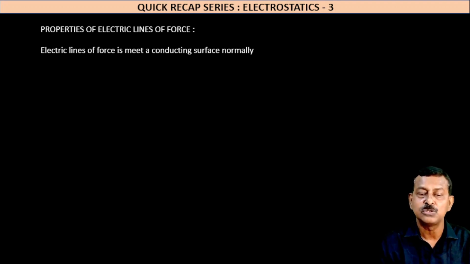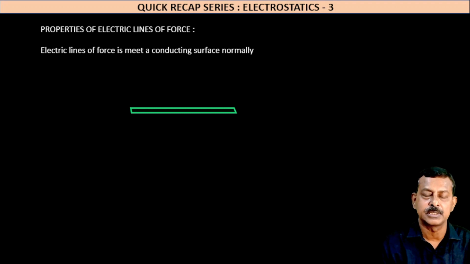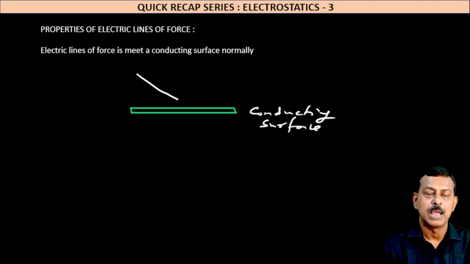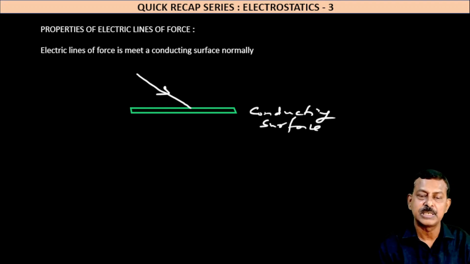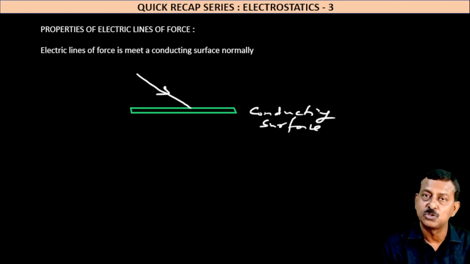Electric lines of forces meet a conducting surface normally. This is the conducting surface. And we have electric lines of forces meeting the conducting surface. So this is the direction of the electric lines of force, and it is meeting at this particular point.